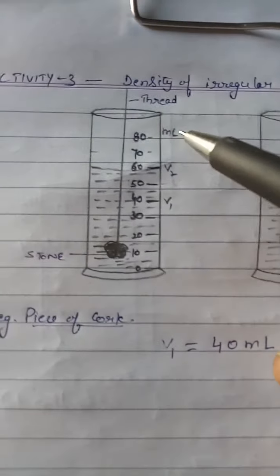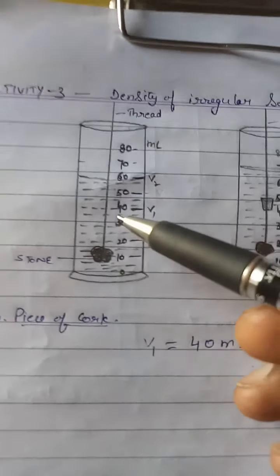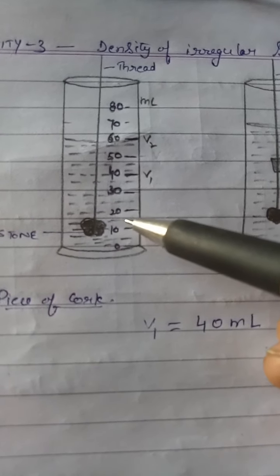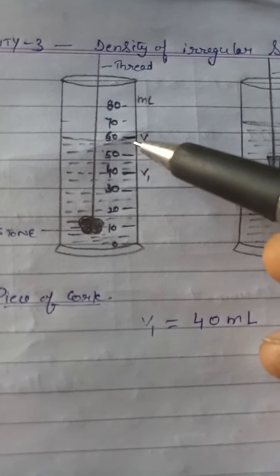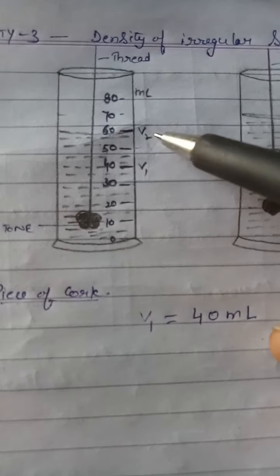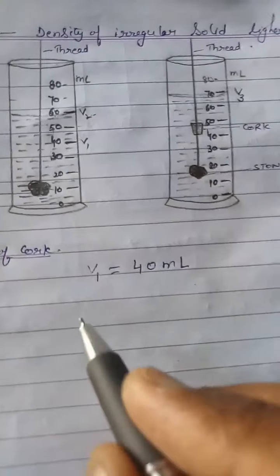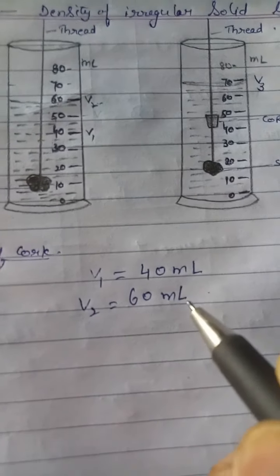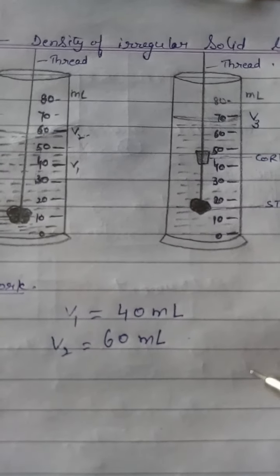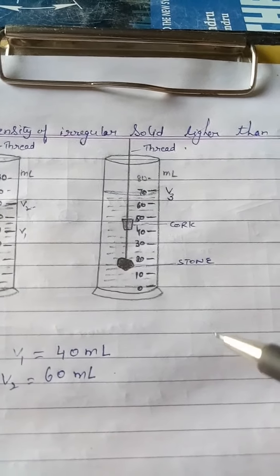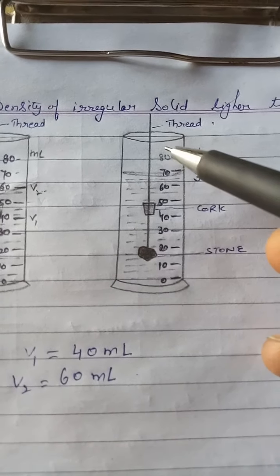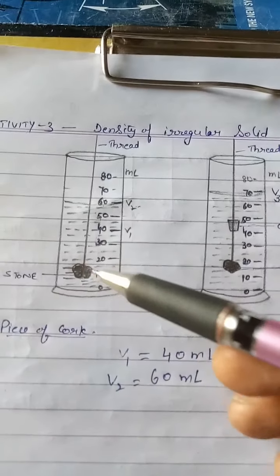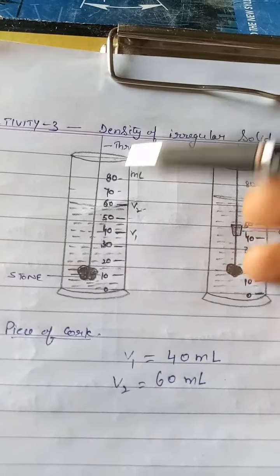Now what we have to do: tie a thread to the stone and immerse it in the water. Then the water level will rise, that is, water will be displaced in the measuring cylinder. Now this is the volume V2, that is equal to 60 milliliter. Now gently remove this stone from the measuring cylinder.